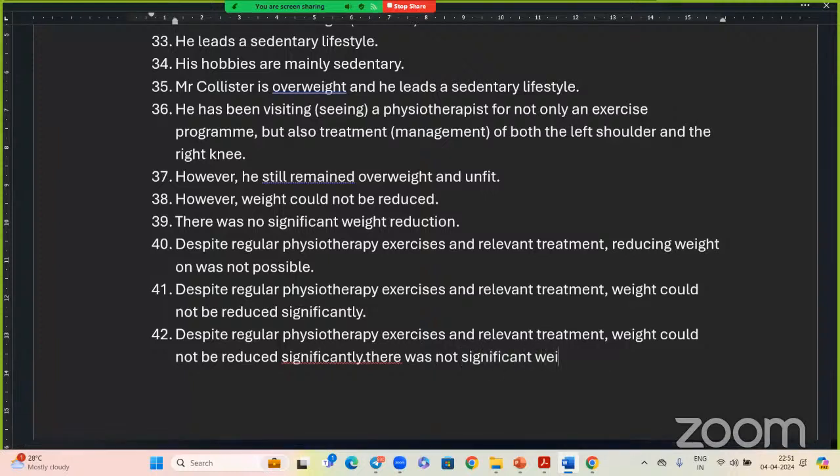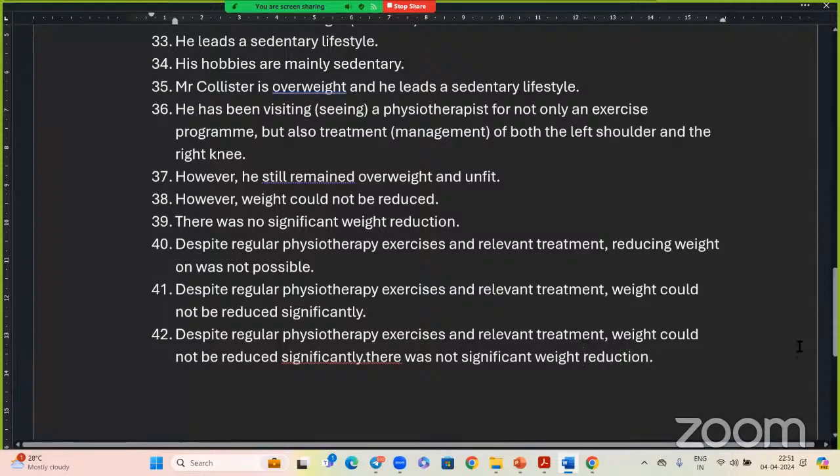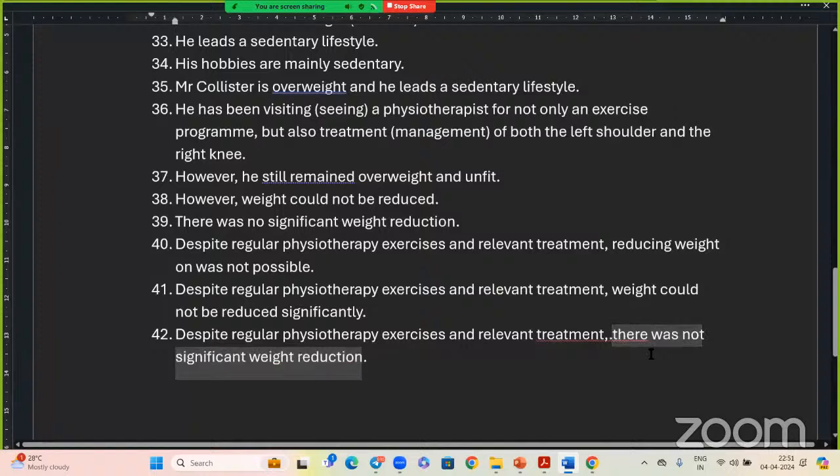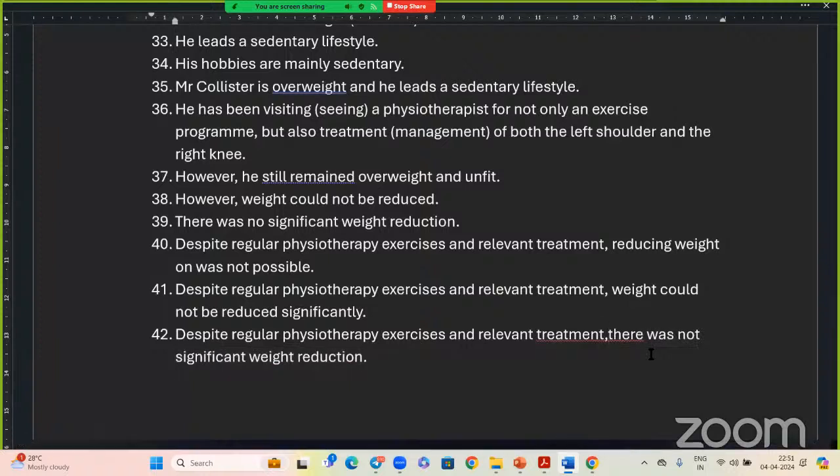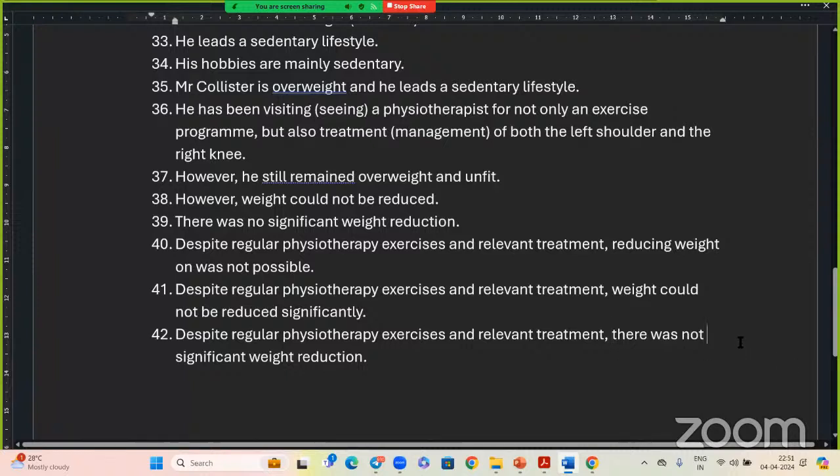This is another type. So how you are using the words is very important.